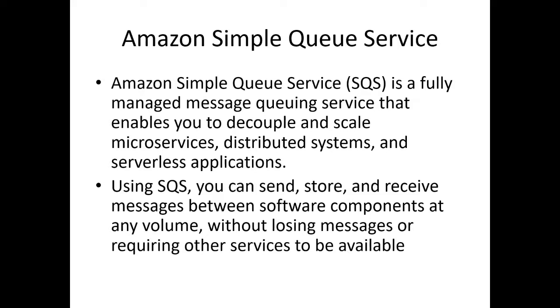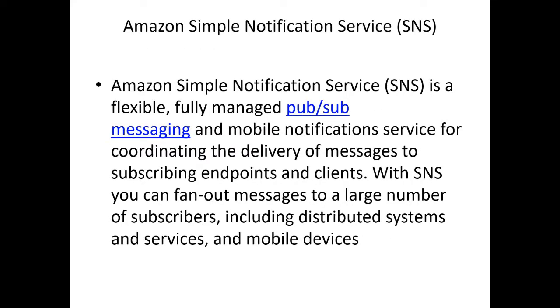The second type of messaging service under Amazon is Amazon Simple Notification Service. It is a flexible, fully managed messaging and mobile notification service for coordinating the delivery of messages to subscribers, endpoints, and clients.